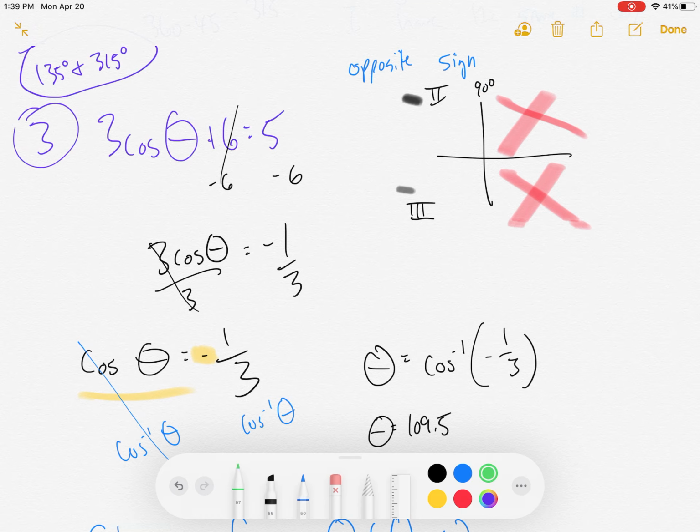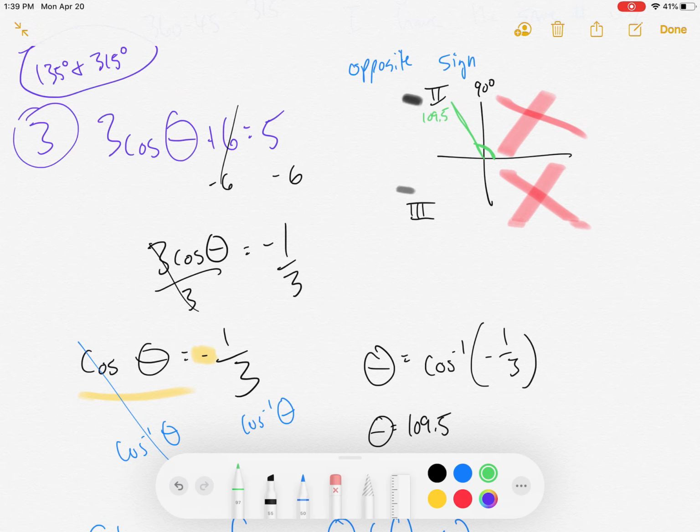Now we got to do a little bit of thinking. So where is 109.5? Well, this is 90 degrees right here, so 109.5 is going to go somewhere past, right? But now I got to figure out what my reference angle is.